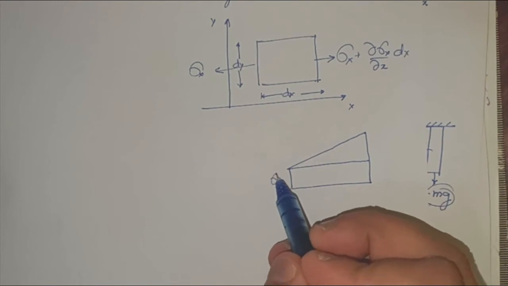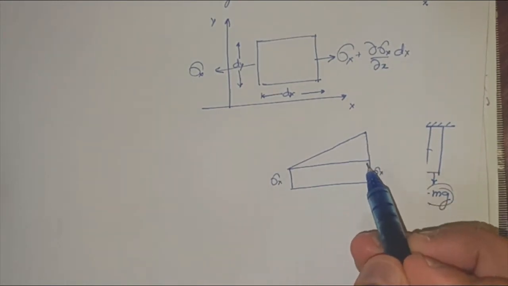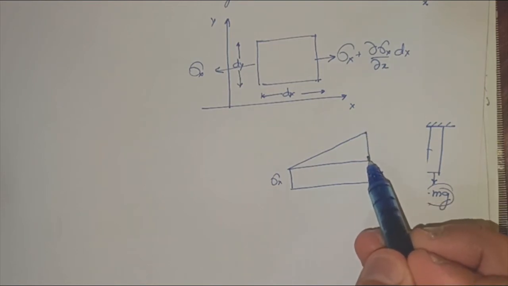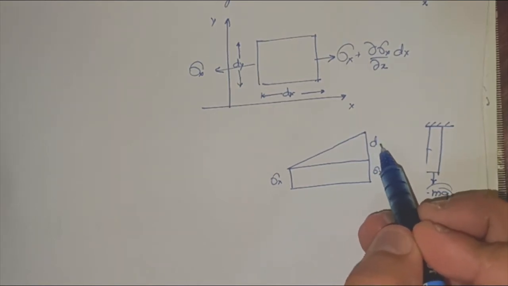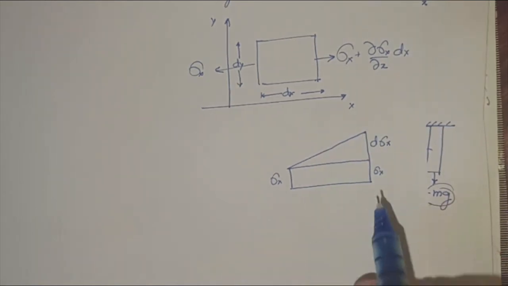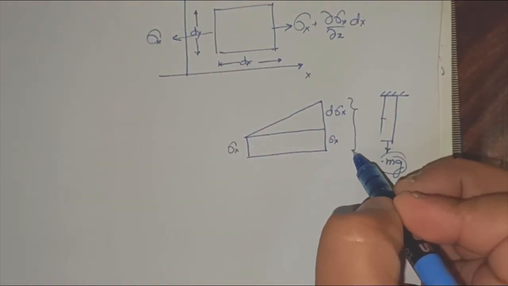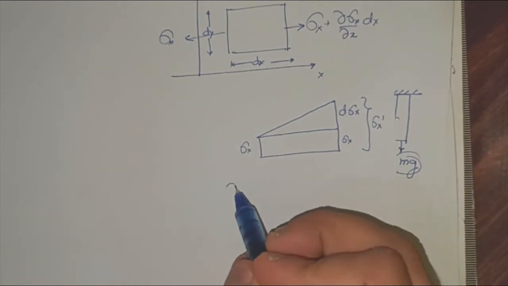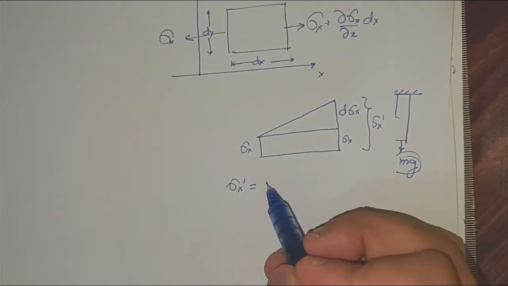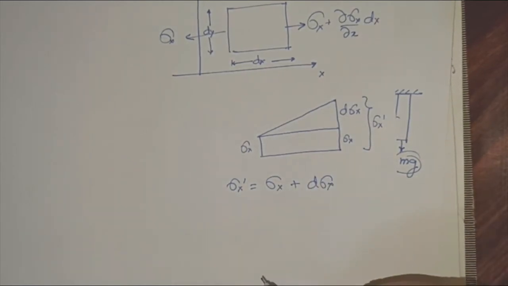If this is sigma x, what is this? This is also sigma x. And what is this? This is the variation of the stress. So what will be this value? This will be d sigma x. And what will be this whole value? Let's say this is sigma x dash. So sigma x dash will be equal to sigma x plus d sigma x.